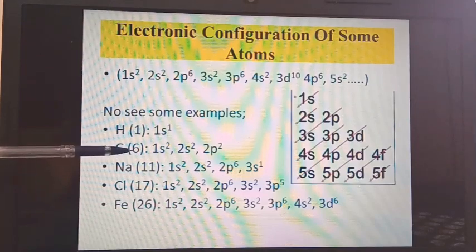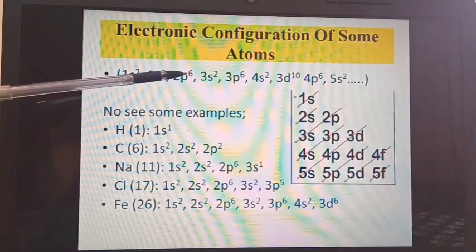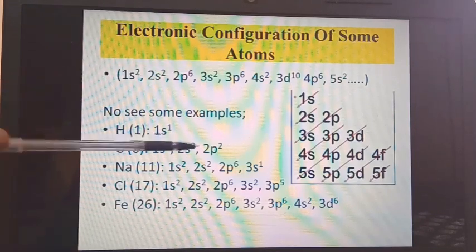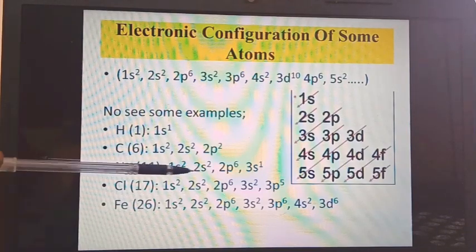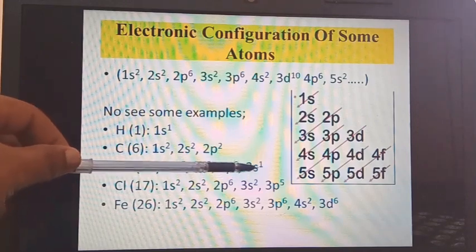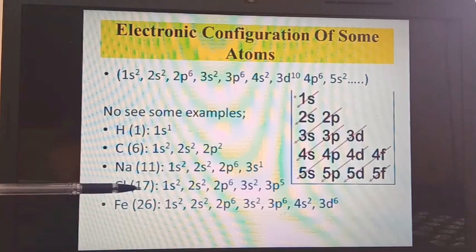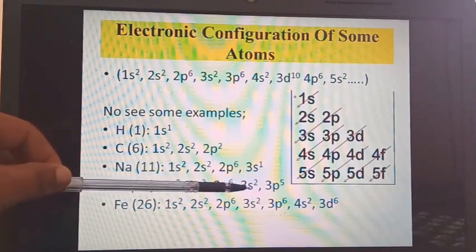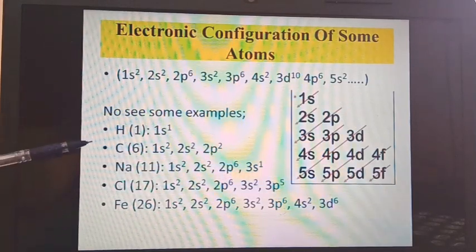Carbon has 6 electrons, that is 1s2, 2s2, 2p, and here 2 electrons are remaining, that's why 2p2. In sodium there are 11 electrons, that's why 1s2, 2s2, 2p6 and 3s1. In chlorine there are 17 electrons, that's why 1s2, 2s2, 2p6, 3s2 and 3p5. Likewise, these are some electron configurations.